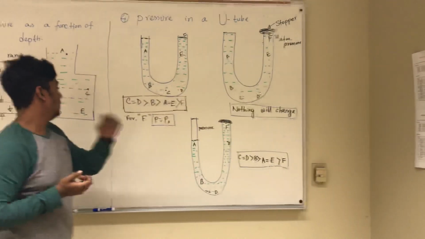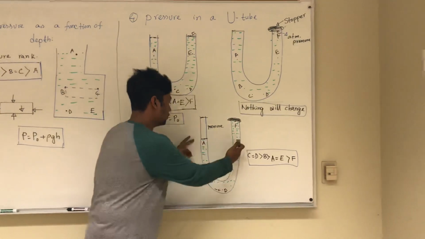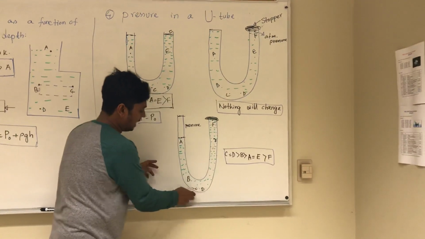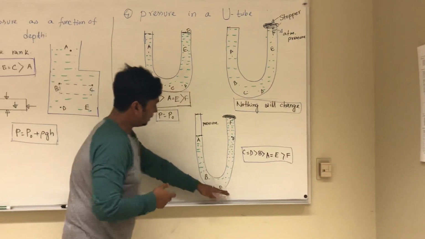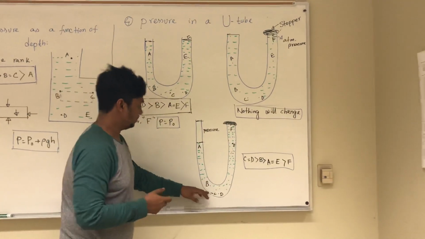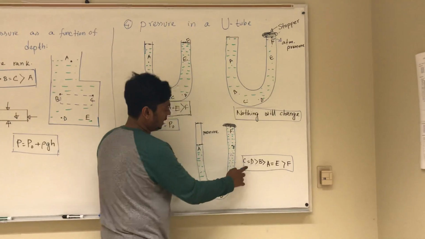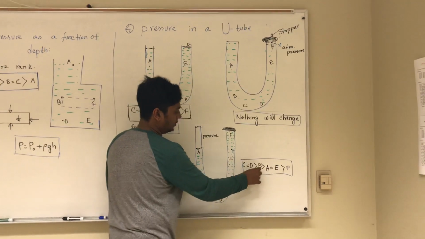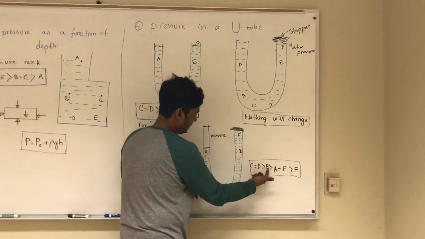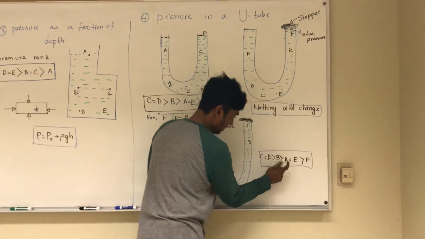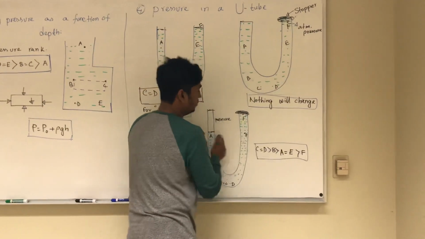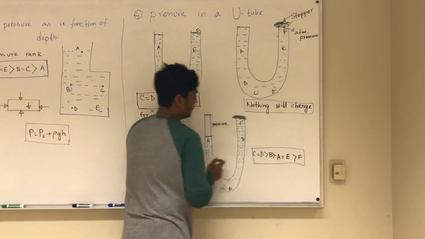That means F will have less pressure than these two points. And these points C and D both will have the same pressure. So the pressure rank will be like this. C and D will have the most pressure, and they will be equal. Then that is greater than B, then greater than A and E, which have the same pressure and are greater than F.